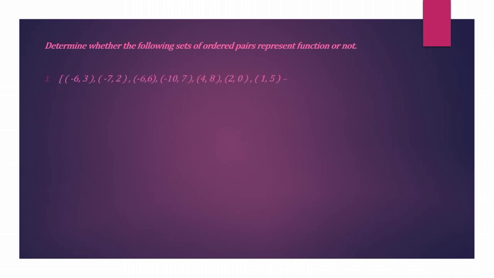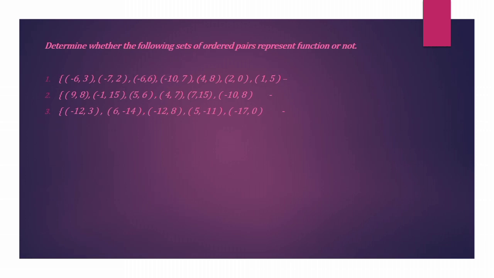Negative 6, 3, negative 7, 2, negative 6, 6, negative 10, 7, 4, 8, 2, 0, 1, and 5. Next, 1, 9, 8, negative 1, 15, 5, 6, 4, 7, 7, 15, negative 10, 8.